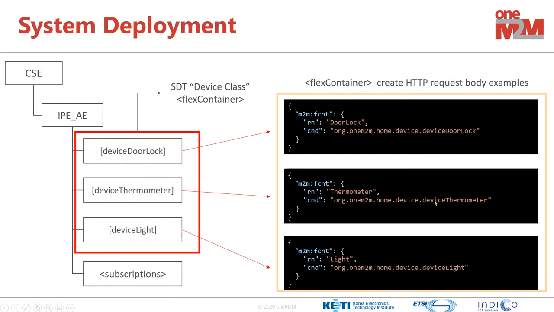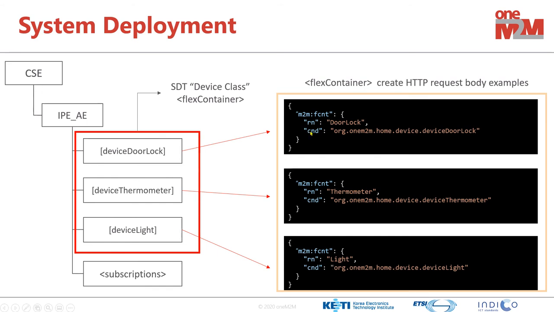And for the thermometer, we use a different container definition, and for the device light, we use another container definition to distinguish this is the light defined by TS23, which is the home domain information model.